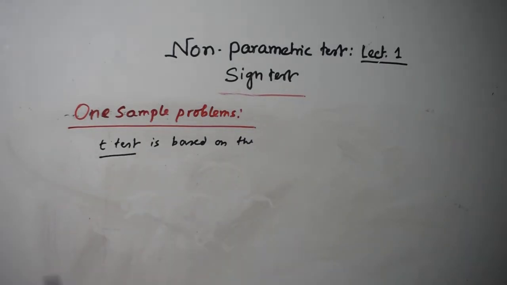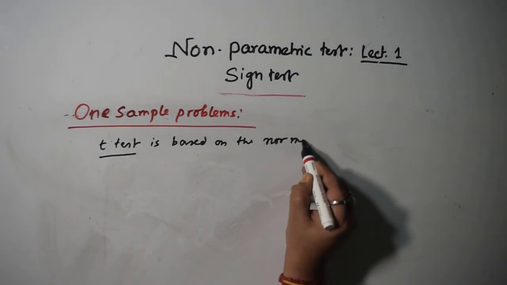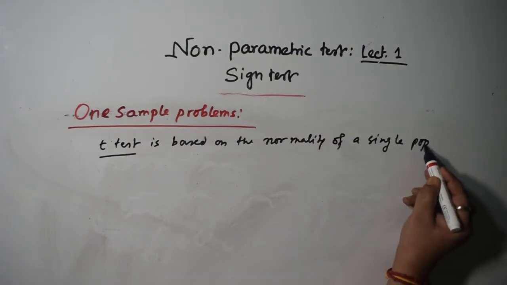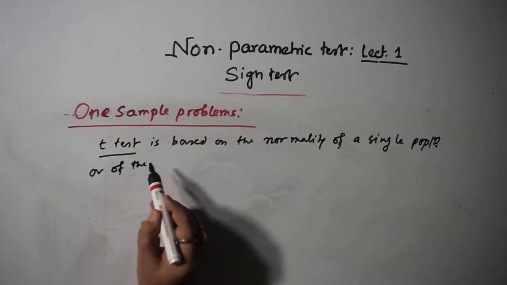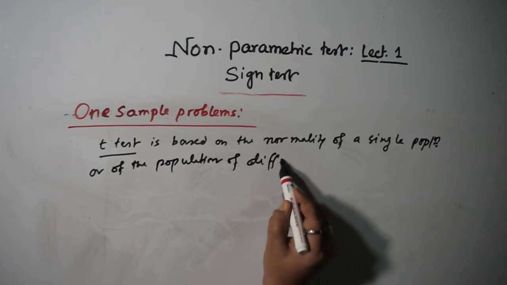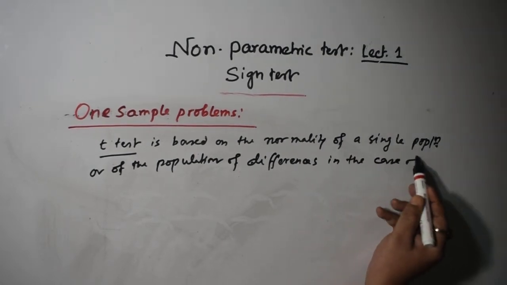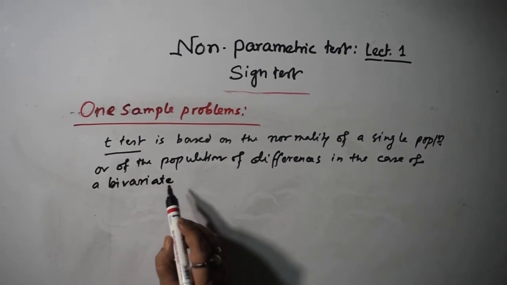If you consider single sample, since I consider one sample test, this test is based on the normality of a single population, or if we consider pair sample case, in that situation, of the population of differences in the case of a bivariate population.